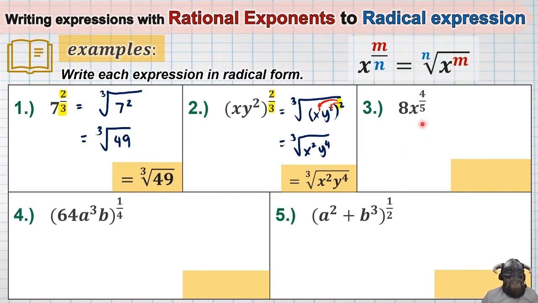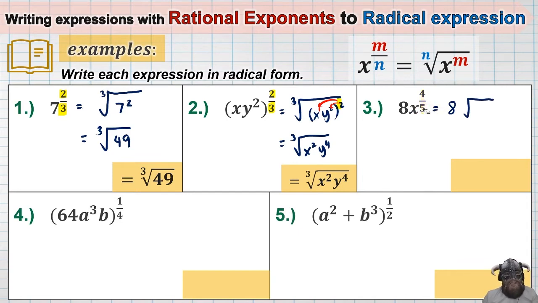To proceed, let's have number 3. We have the given 8 times x raised to 4 over 5. Kung titignan nyo dito, ang naka-raise lang kay 4 over 5 is yung ating x. Kaya dito sa magiging radical form natin, nasa labas ang 8 ng ating radical sign. Kasi ang i-convert lang natin into radical form is ito lang naka-raise sa rational exponent.